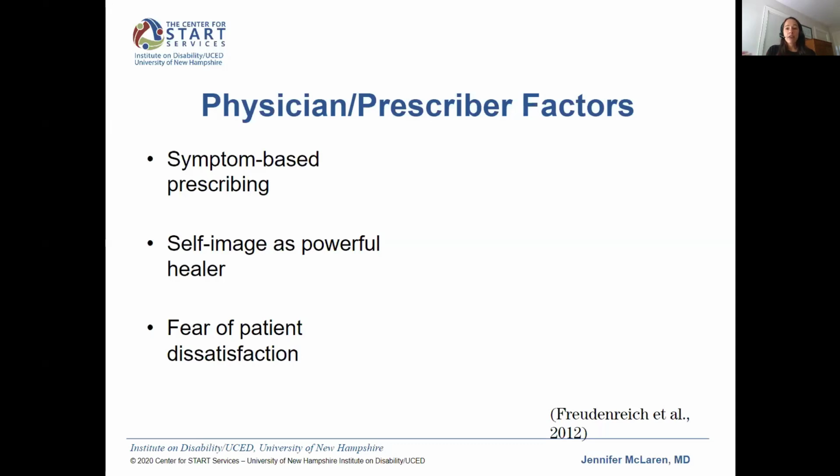And then some physicians, or prescribers, are afraid of patient dissatisfaction, right? If somebody comes into you and they have a viral illness and they're looking for an antibiotic, you may be afraid that if I don't give them that antibiotic, they're going to leave here dissatisfied. And as a prescriber, you have to feel comfortable with that and providing psychoeducation regarding what you believe is going to help the individual get better.